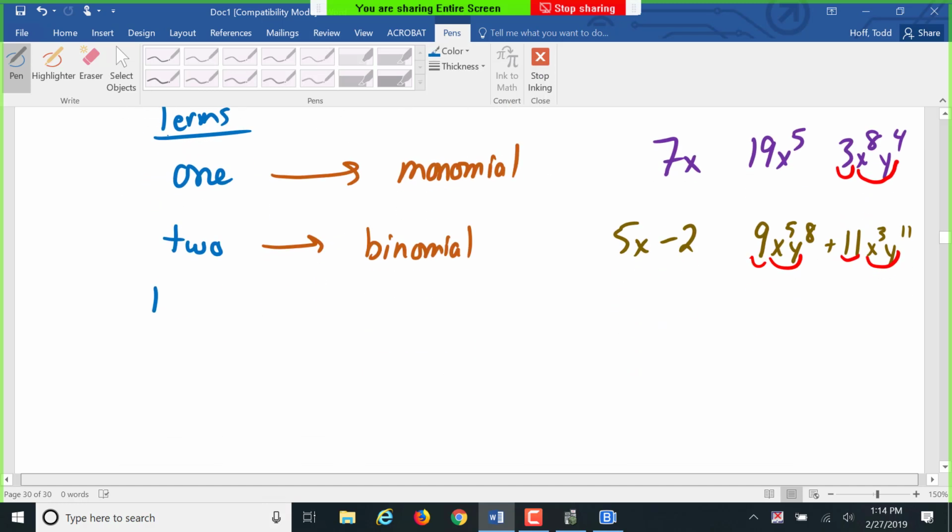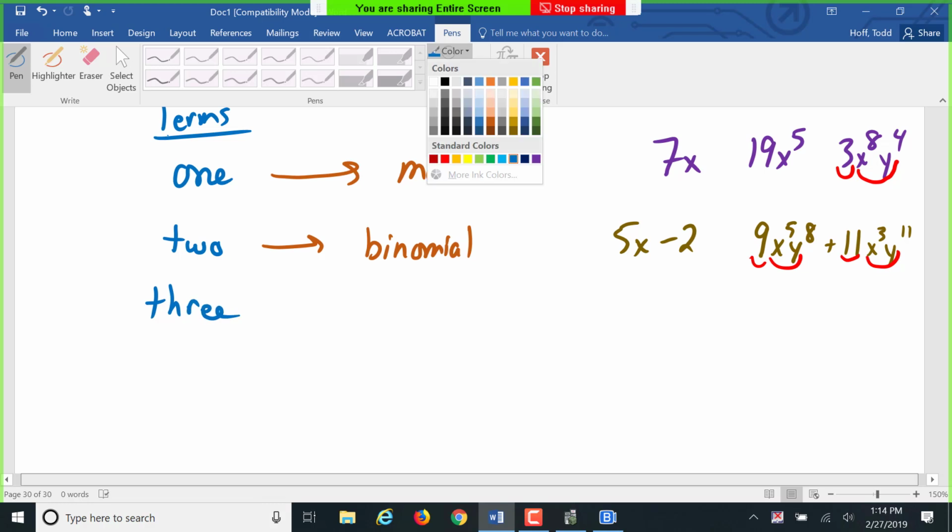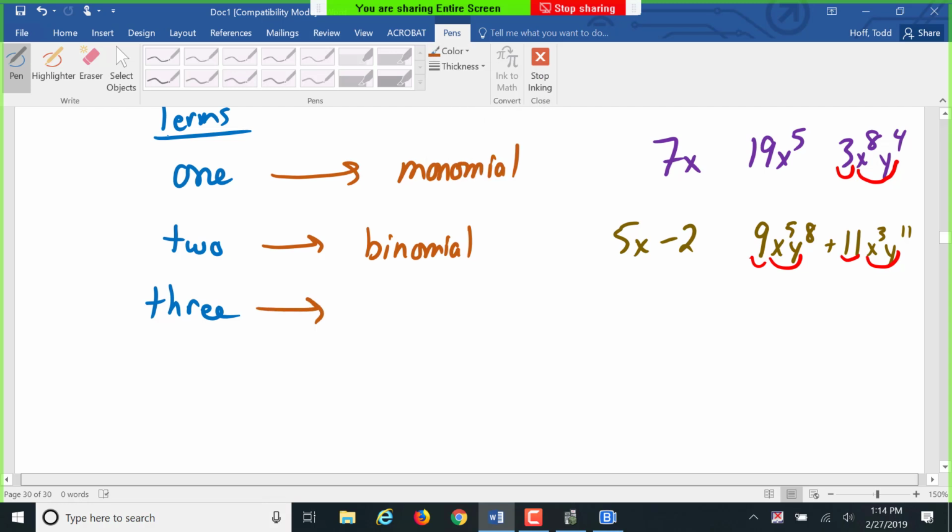If a polynomial has 3 terms, it is called a trinomial. Good. Tri meaning 3, of course.